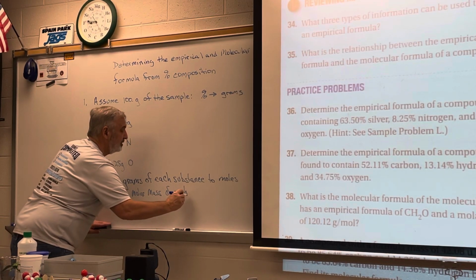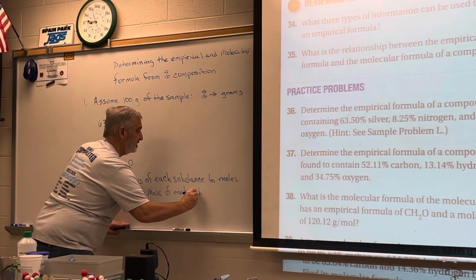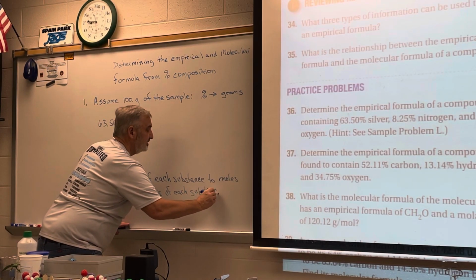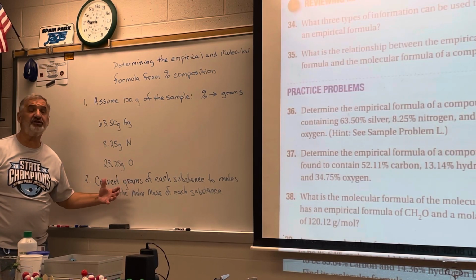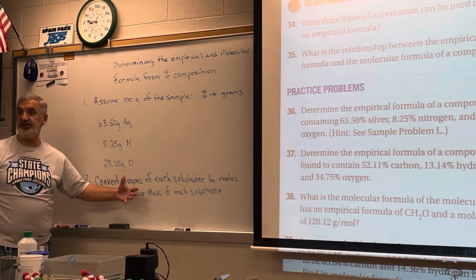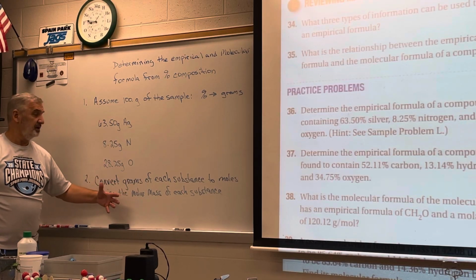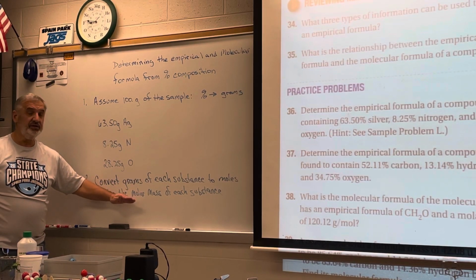And where do we get that molar mass? On the periodic table. Okay, so we've been doing that since we did conversion factors, grams to moles in chapter 3. So we're just going to use the periodic table and set it up.